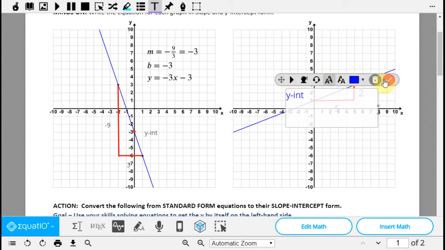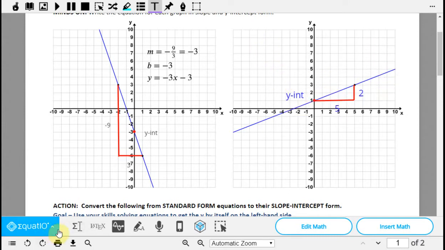So there's my y-intercept. And now I want to make my equation.